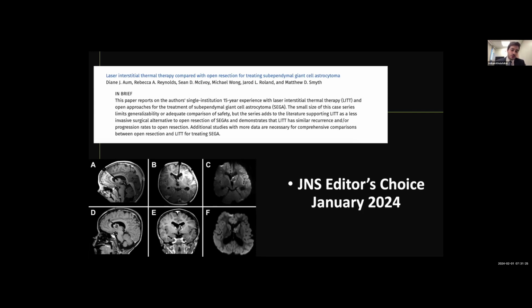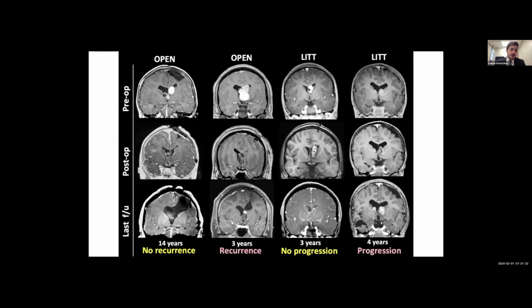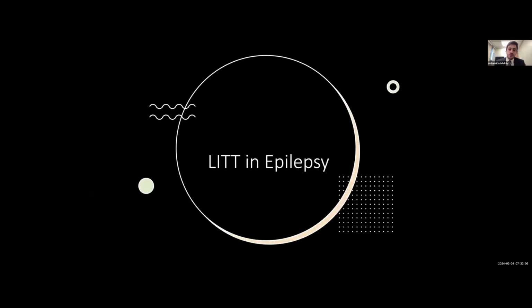The group at WashU compared their experience over 15 years with open craniotomies versus LIT, and you can see interesting figures showing patients on the left-hand side, the open resections versus the LIT, in 14 years versus 3 years. At the end of the day, they reached the conclusion that their outcomes are very similar. That being said, they only had about 15 patients in total, 9 and 7, so it's not a lot to build on, but it's out there. We can discuss it as well.